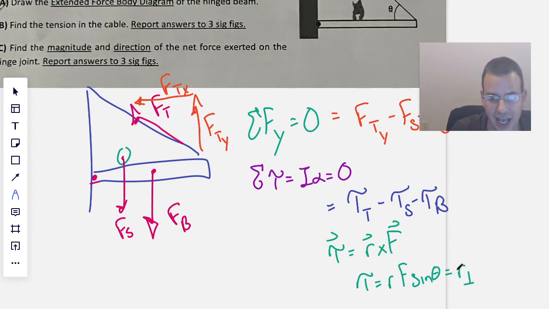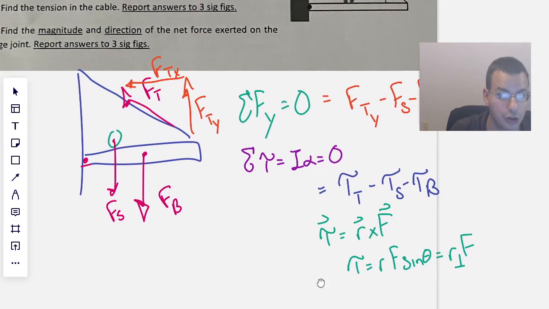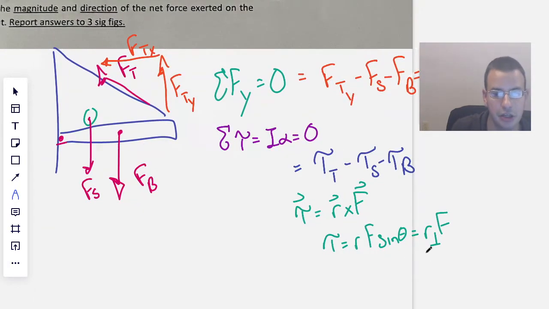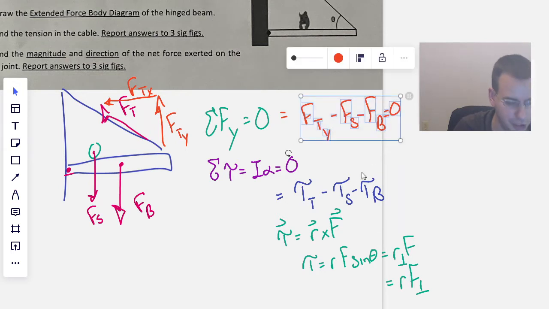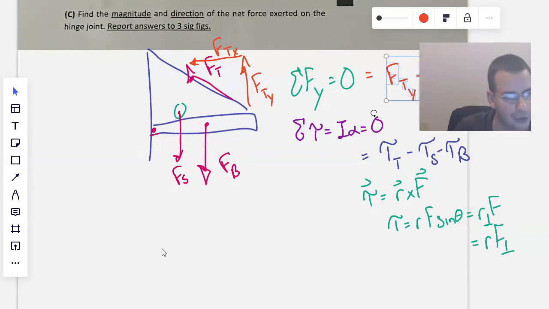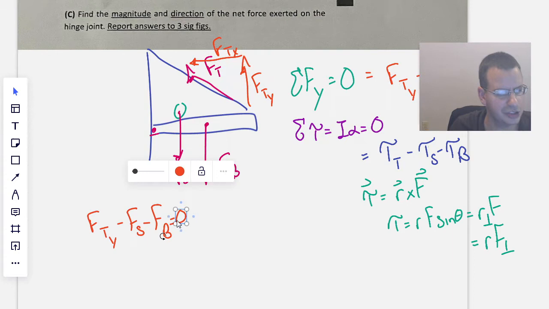Or you can look at this as R perpendicular times F, the component of the radius from the pivot that is perpendicular, or the component of the force perpendicular to R. Either way, we'll see what we use. So we have two equations here. We can start with either one. I'm going to start with forces, just because it doesn't matter. I imagine we're going to have to use both of them.